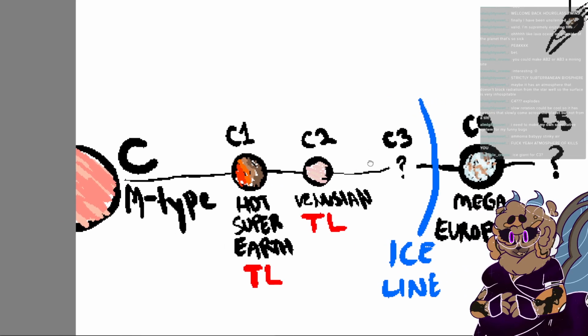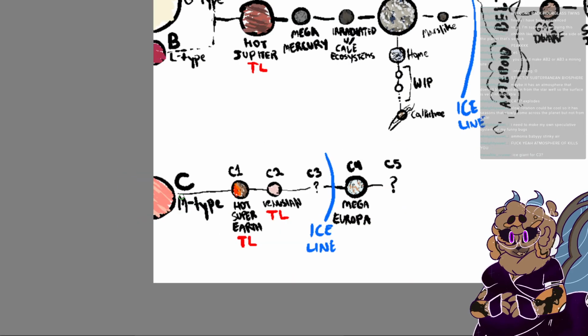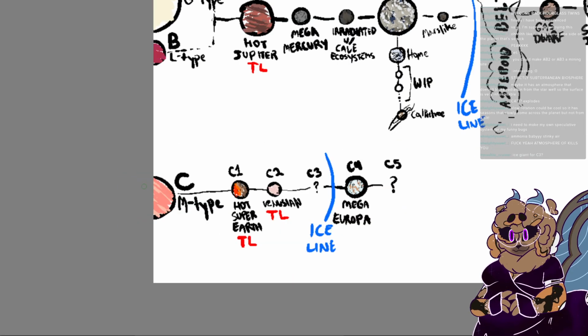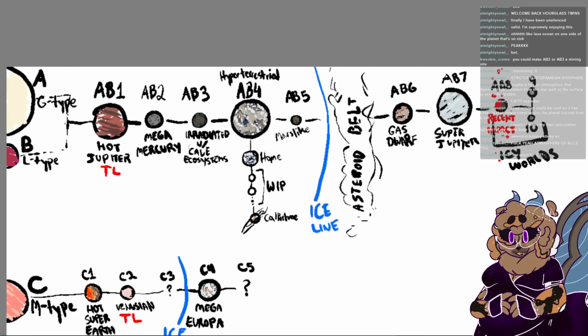Ice giant for C3... Well, I don't want to have a gas planet around C, because M-type stars, red dwarves, are a lot less conducive to forming gaseous planets. And especially because it was right alongside A and B here, which are a lot bigger stars that already have a few very large gaseous planets around them.